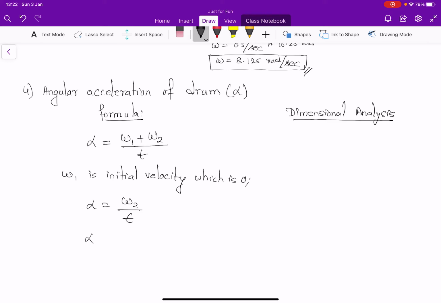So we're going to get alpha as 8.125 divided by 4, and we are going to get this answer as 2.03 radian per second square.